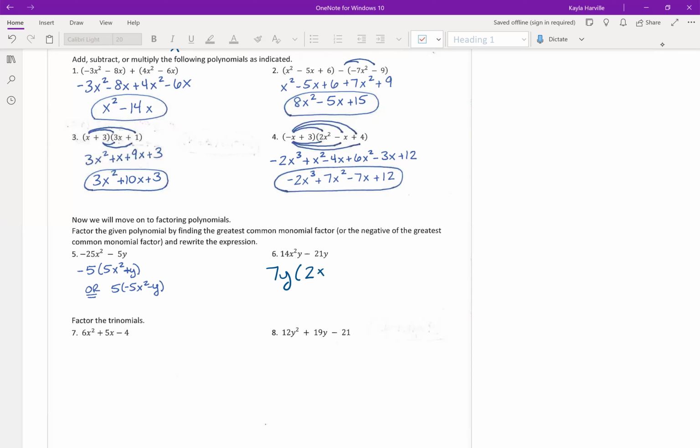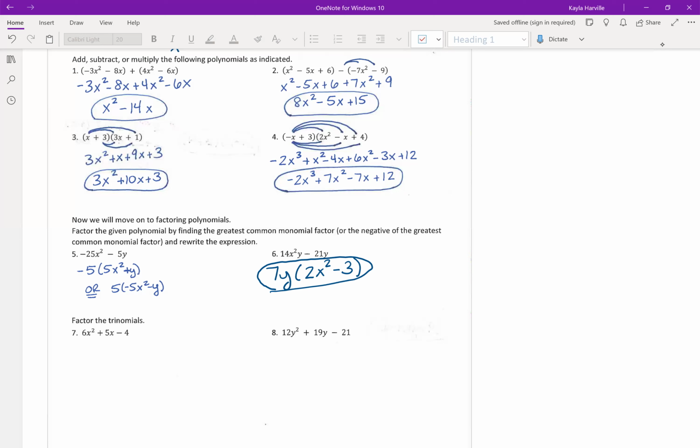We have x squared. y divided by y is 1. 21 divided by 7 is 3. And y divided by y is 1. So this factors into 7y times 2x squared minus 3. And we could FOIL that back or distribute that back, and we would see that we get the same thing.